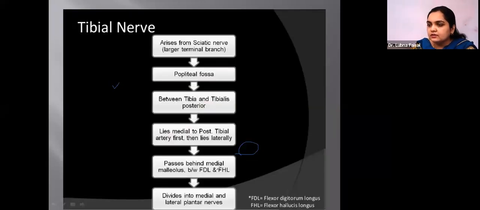So the tibial nerve originates from the sciatic nerve, whose origin you all know is from the lumbosacral plexus. Then in the popliteal fossa it divides into two branches, tibial and common peroneal. At the level of the ankle joint, it passes between the two tendons, flexor digitorum longus and flexor hallucis longus.